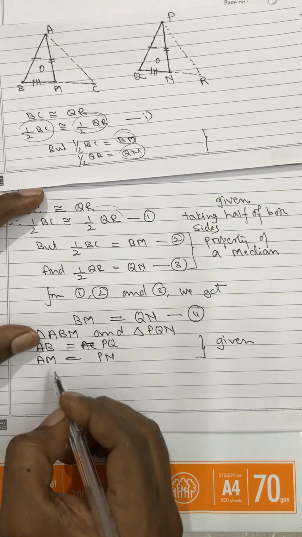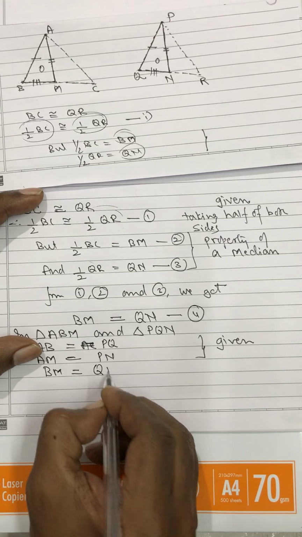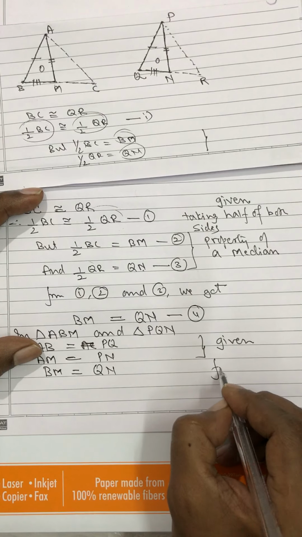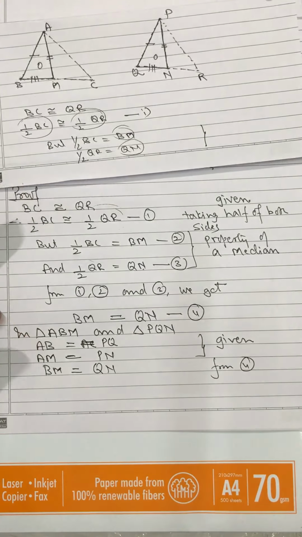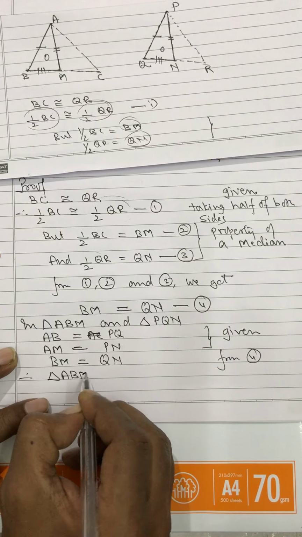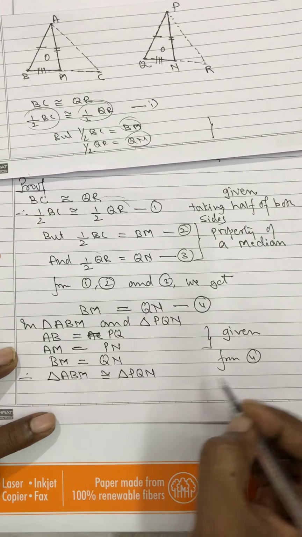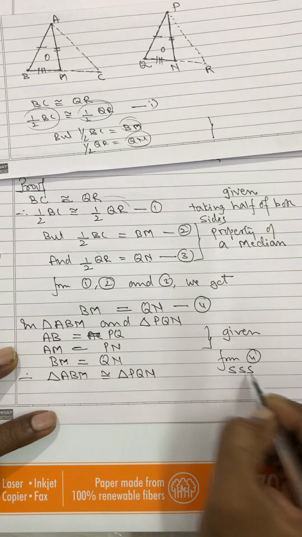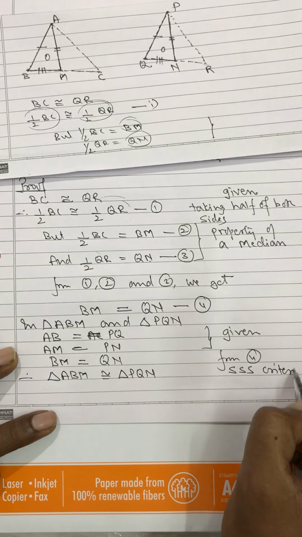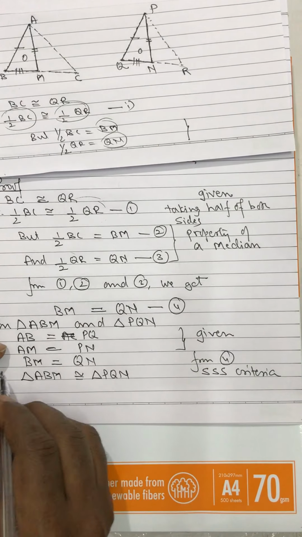These two things are given. BM is equal to QN from 4. Therefore, triangle ABM is congruent to triangle PQN by SSS criteria. This is done.